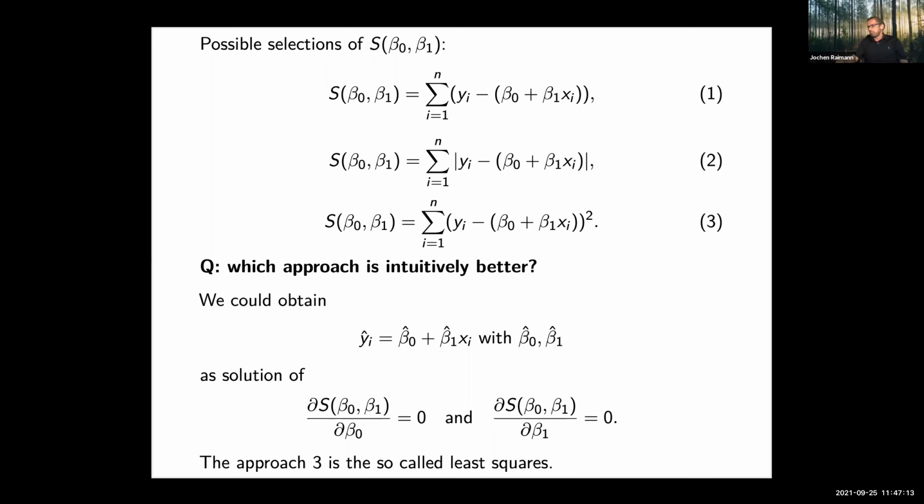Intuitively, both are okay, whereas equation 3 exaggerates the differences and allows for more efficiency in the fitting. So we could now obtain yi hat equals beta 0 hat plus beta 1 hat xi with beta 0 and beta 1.